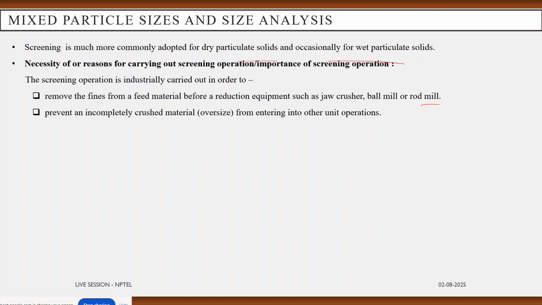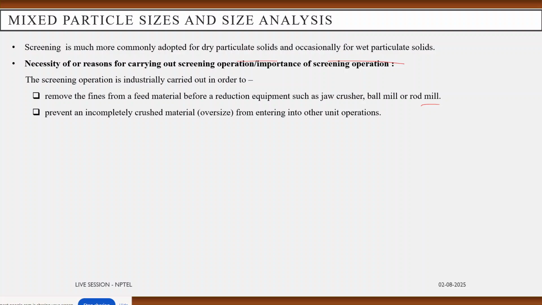So we don't want to introduce such bigger or oversized material into any process equipment, because every process equipment has some criteria for the feed size. Suppose you are operating a blast furnace to make steel.